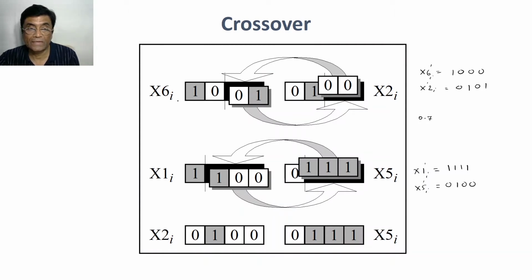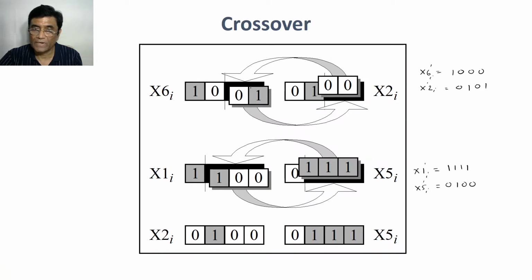I have 6 chromosomes, and 70% of the chromosomes I will crank out offspring by mating them. So 70% of 6 means 4.2, equal to 4. So 4 out of 6, 4 chromosomes I have selected: 1, 2, 3, 4.